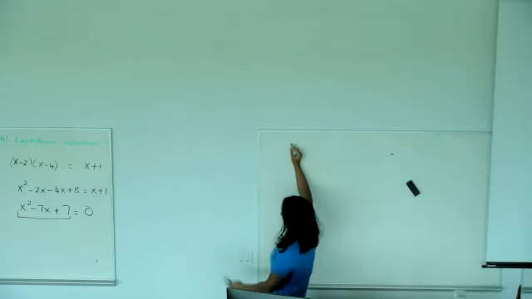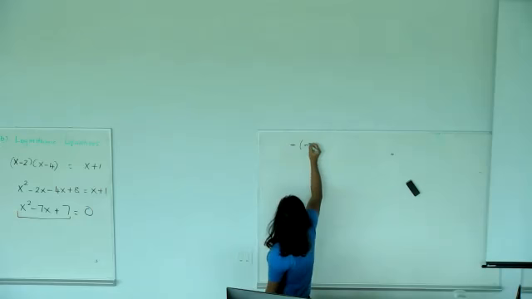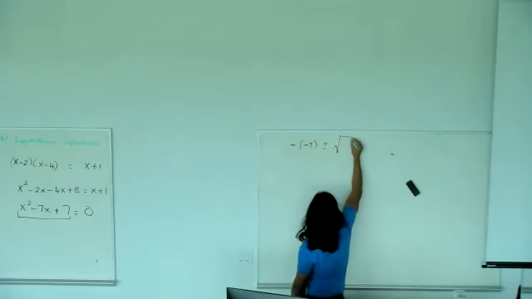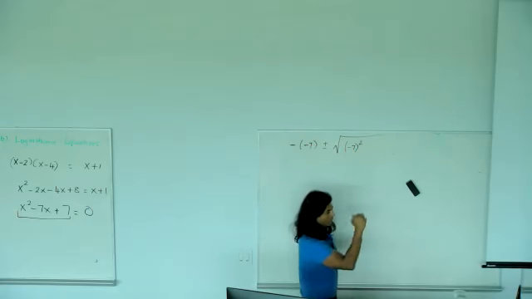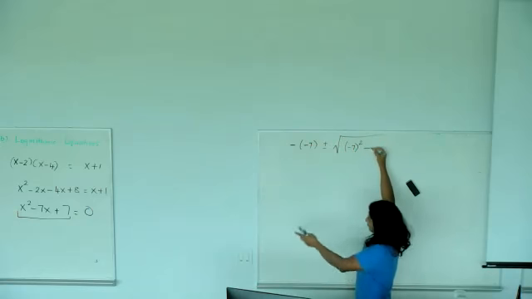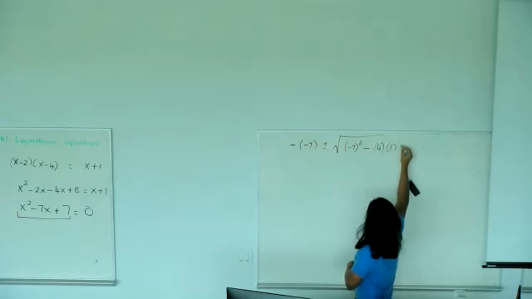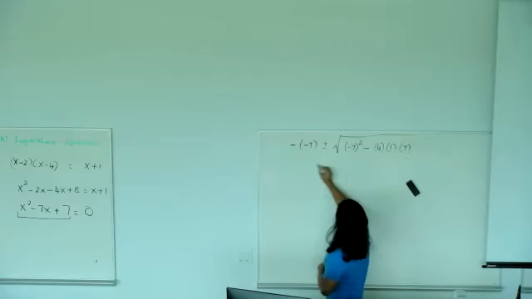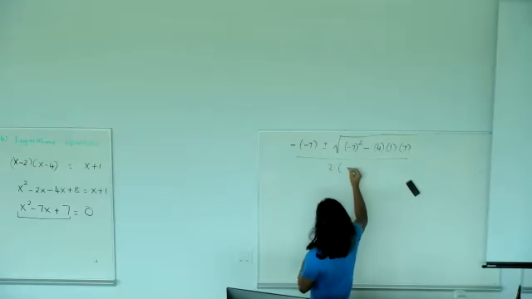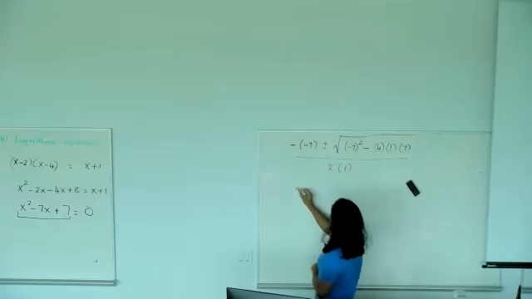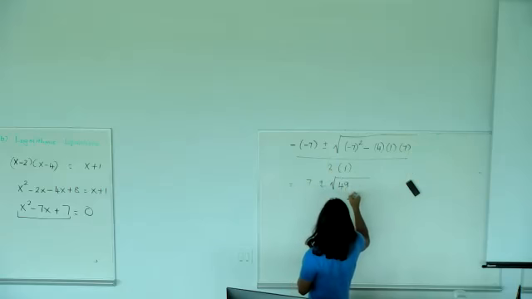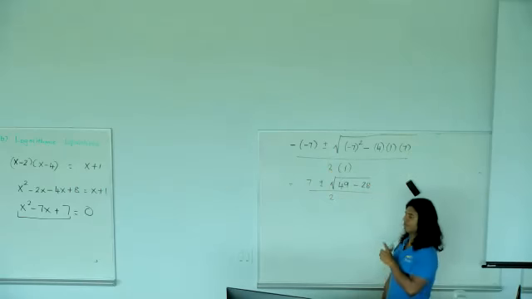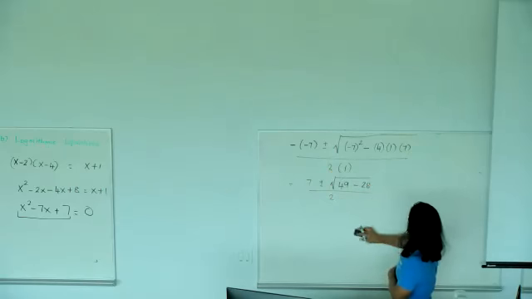Okay, formula: minus b, so minus of -7, plus or minus the square root of b squared, 7 squared, minus 4 times a times c, divided by 2 times a. 7 plus or minus square root of 49 minus 28, divided by 2. 49 minus 28 is 21.